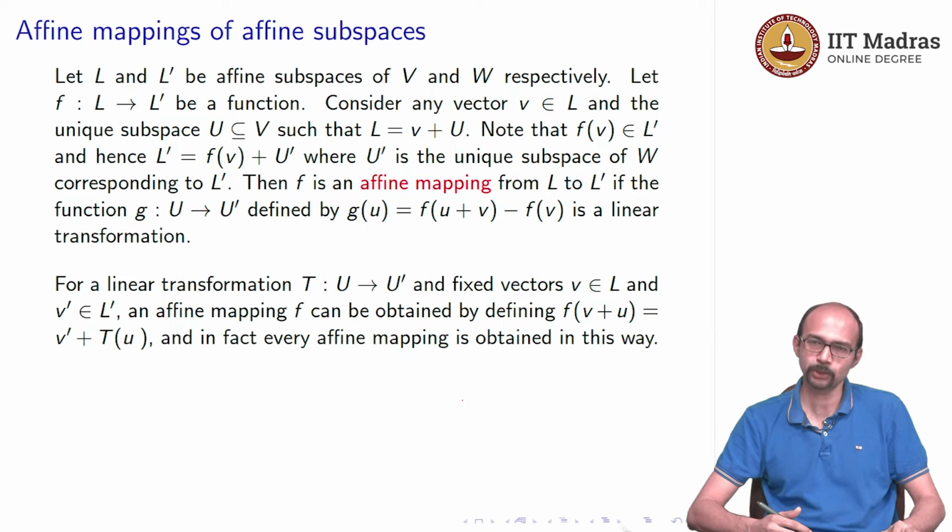You define f of v plus u to be v prime plus T of u, which is kind of saying that it is linear. In fact, every affine mapping is obtained in this way.